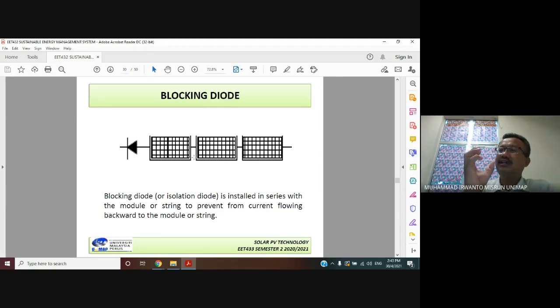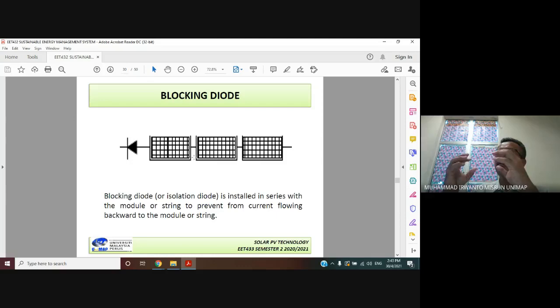Because a PV module is a voltage source, meaning the PV module has to generate the voltage. But if, for example, a short circuit occurs, current will go into the PV module. This can damage the PV module because of the over current.